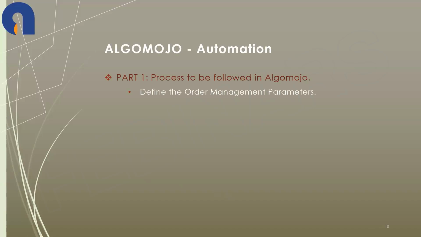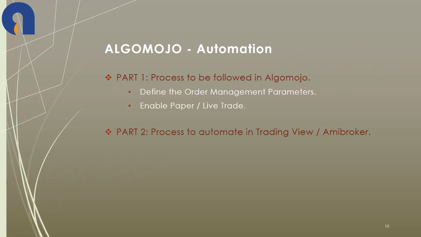Once we define the order management parameters, we will enable the paper trade or live trade. And then we get into the second process where we go to TradingView or Amibroker, or it could be charting platforms of those kinds, and use the codes that we provide from Algomojo in TradingView or Amibroker to do the automation.